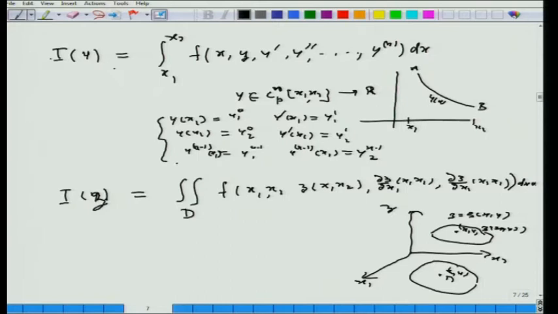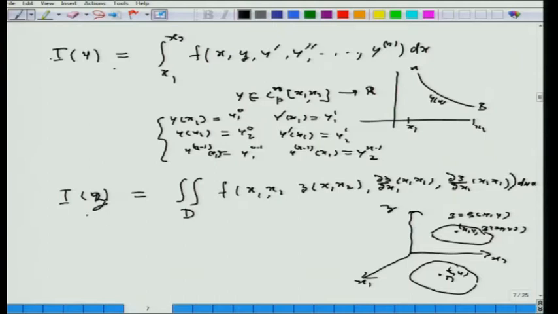And then these are the conditions on y up to the n minus 1 derivatives, so at each point x 1 and x 2, these are the conditions to be satisfied by y, y prime, up to y n minus 1.